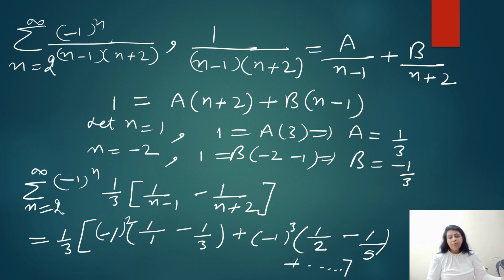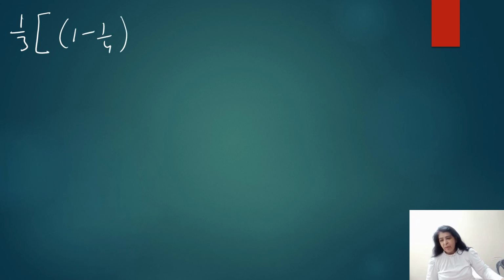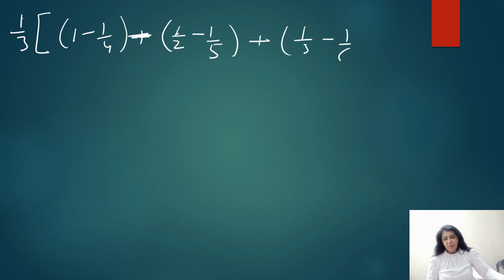So ultimately this is equal to 1 by 3, and in the bracket you have 1 minus 1 by 4 plus, this is minus, 1 by 2 minus 1 by 5 plus 1 by 3 minus 1 by 6, and so on.